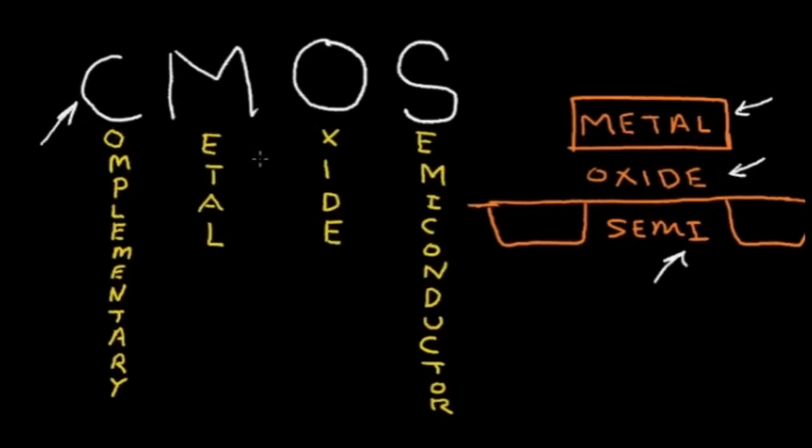So let's start by understanding how the CMOS inverter works. The CMOS inverter is composed of a P-channel transistor and an N-channel transistor. The P-channel transistor is connected to a power supply. Let's call it 2 volts.